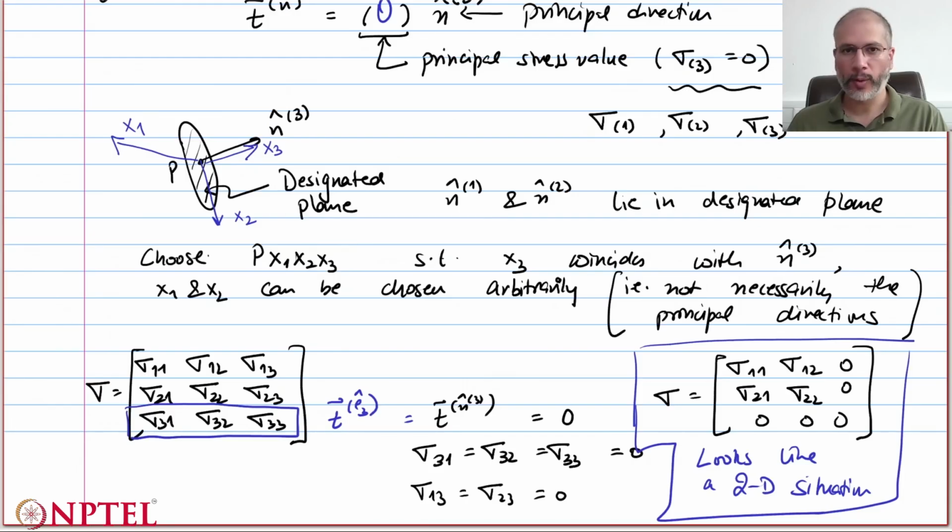But just looking at sigma in this situation, you may see that it's like a 2D matrix with the 4 components sigma 11, sigma 12, sigma 21 and sigma 22. So it's as if all the interesting stuff is happening in a plane, and hence the name plane stress situation.